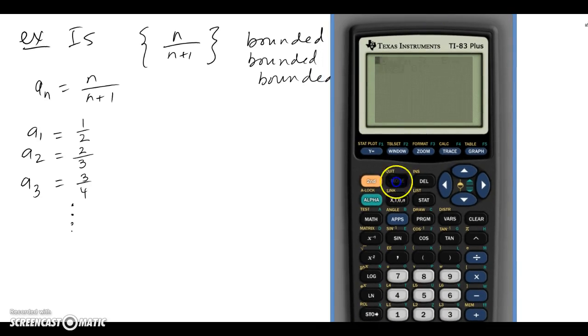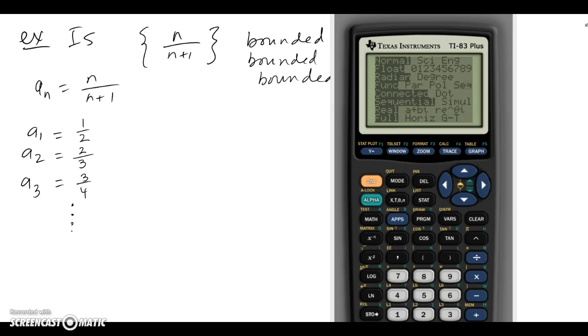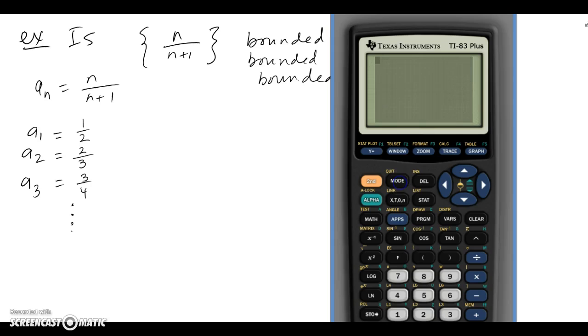So I'm going to go to mode and press enter for sequence mode. Then go to y equals... it hasn't worked.